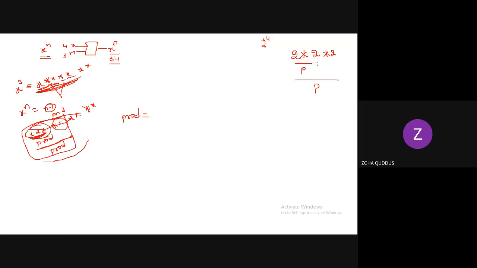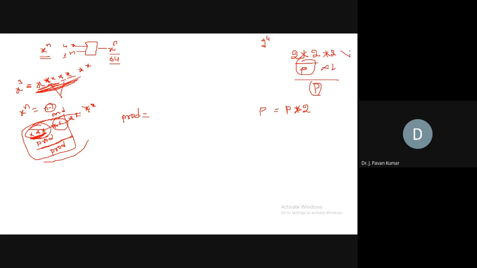So how can we represent it in the form of notation? This 2 square is nothing but product into 2. As of now, the product is P, so the previous product multiplied by 2 gives a new product.